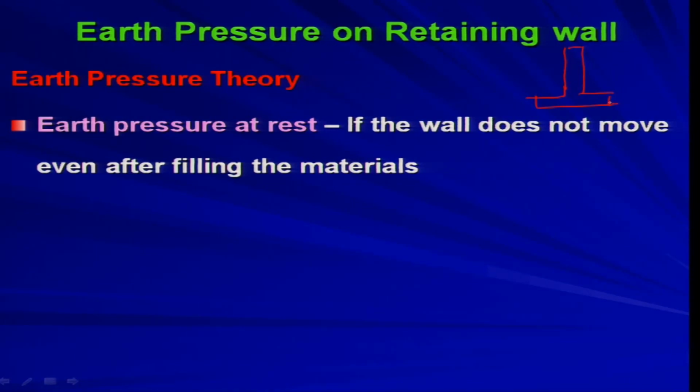This wall will be constructed first, and then we fill the soil and compact it to the desired strength, and that is why it is known as backfill. That means you are filling it back. So, if the wall does not move while you are making the backfill on the other side of the wall.